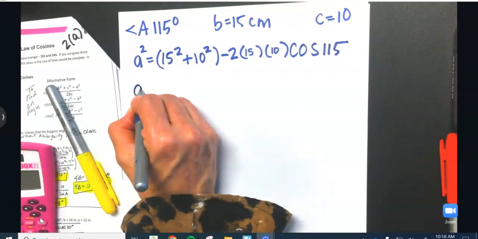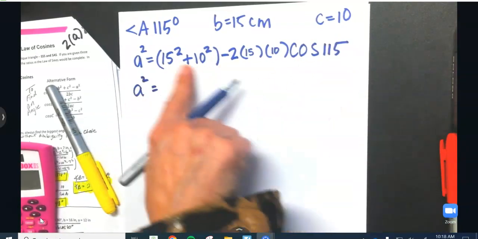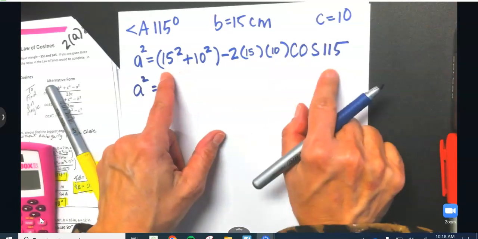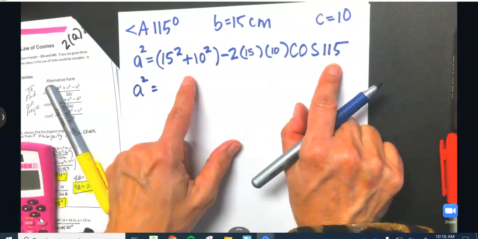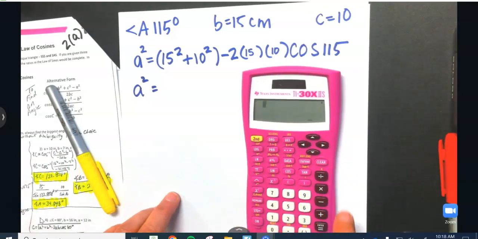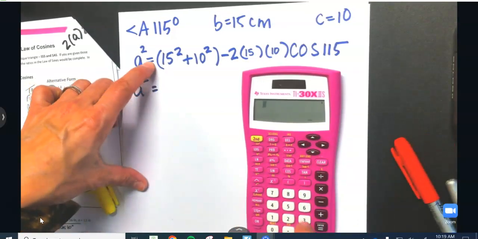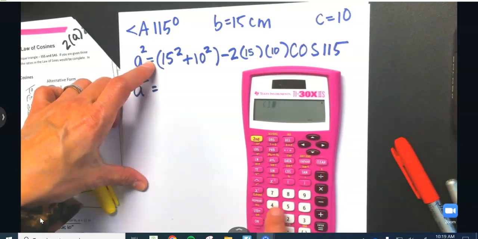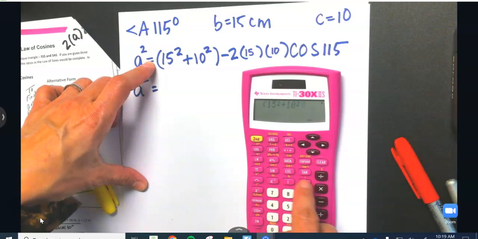All right, so look, y'all, there's no division bar. We can type this all into the calculator just like this. So we're going to get that in one answer. Use your parentheses just to be on the safe side. Minus 2 times 15.